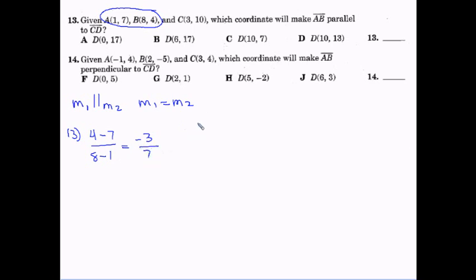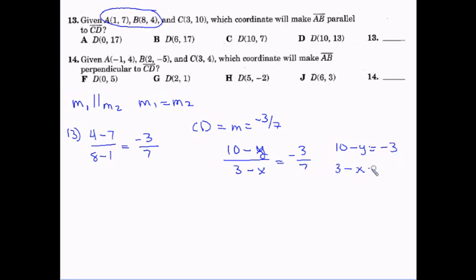So now I want CD to have a slope of negative 3 over 7. So I have 10 minus some number over 3 minus some number is going to give me negative 3 over 7. So 10 minus y is equal to negative 3, and 3 minus x is equal to 7.